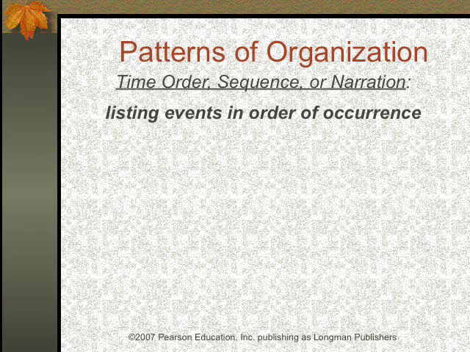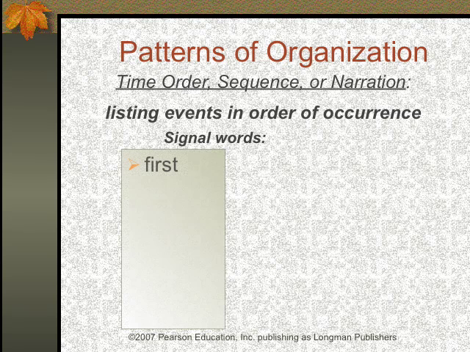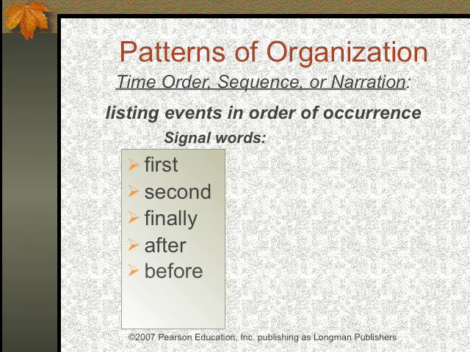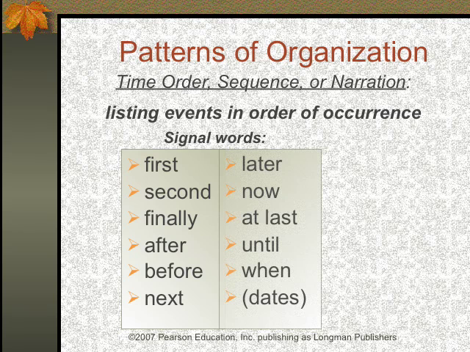Patterns of organization. Pattern 5, time order, sequence, or narration. Listing items in order of occurrence, like in history, or like in directions, or like in science or math. Signal words to let you know that this is an organizational pattern of time, meaning time is important: first, second, finally, after, before, next, later, now, at last, until.